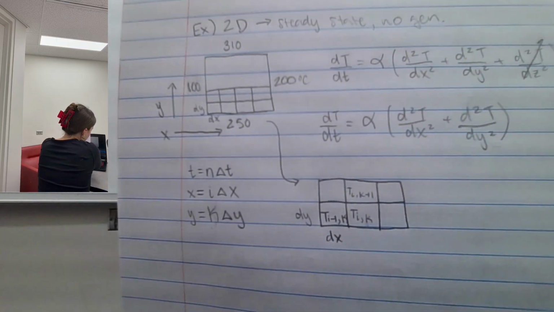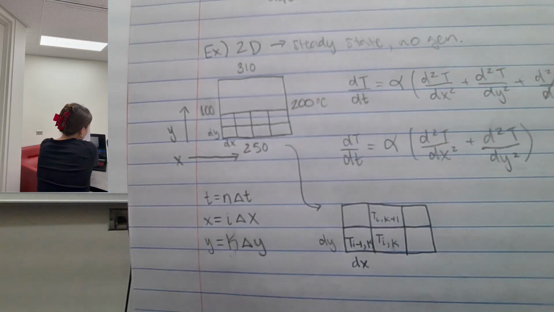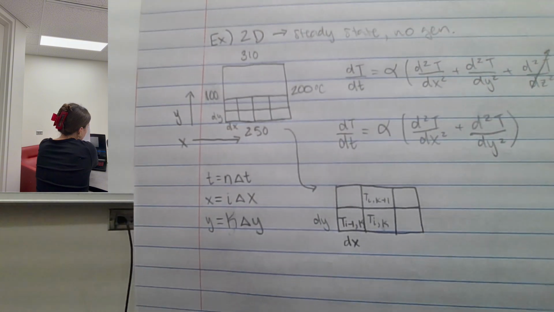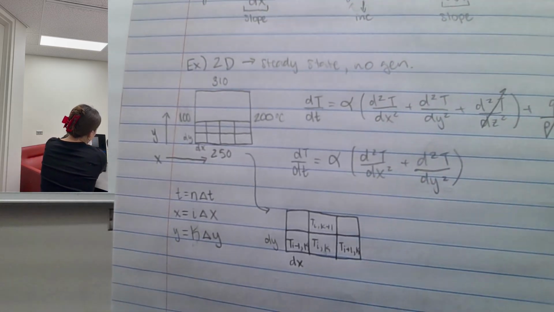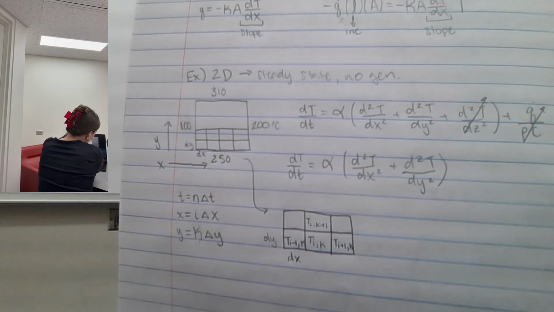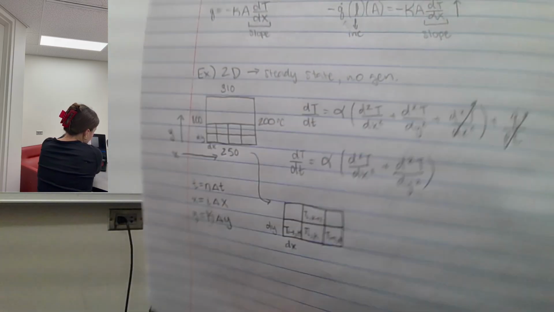So now, if we were to go just above the initial piece that we started in, we'd be at T i, k plus 1, because we're still in the same x position, but now we're moving up one block in the y direction, so that adds 1 to our k. And then if we were to look at 1 to the right of T i, k, it'd be T i plus 1, k because we're moving 1 to the right, so we're adding one more to the counter, so i plus 1, and the k remains the same because we're not moving up and down in the y direction.